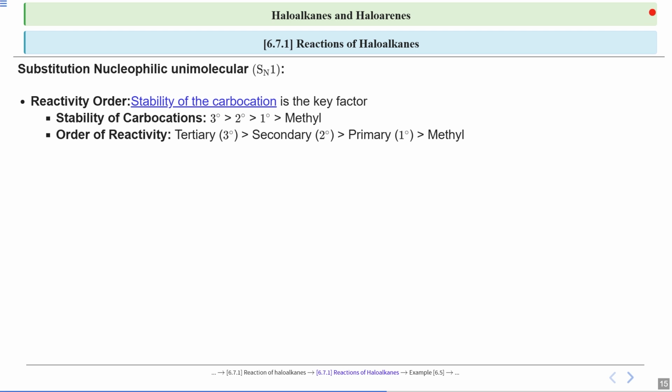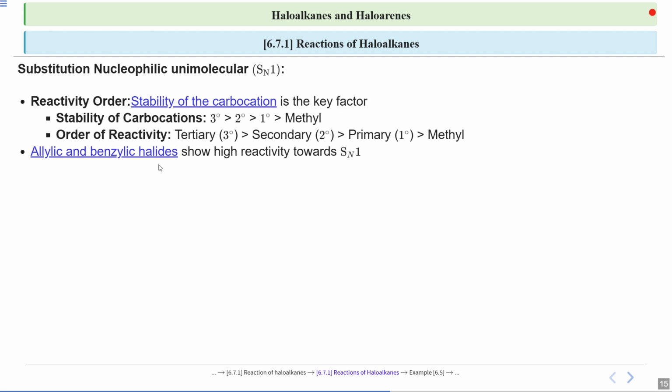If you are forming a stable carbocation, the rate will be higher and the reactivity improved, as with a tertiary carbocation compared to a primary one. So in the SN1 reaction, the order of reactivity and the stability of the carbocation are similar, and this is the key factor.